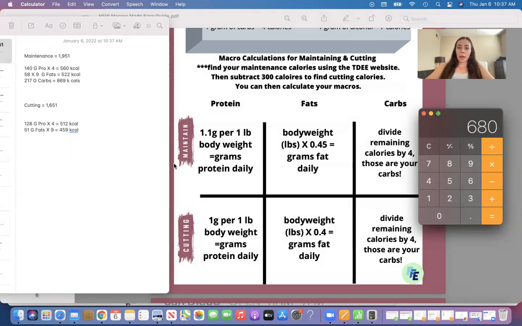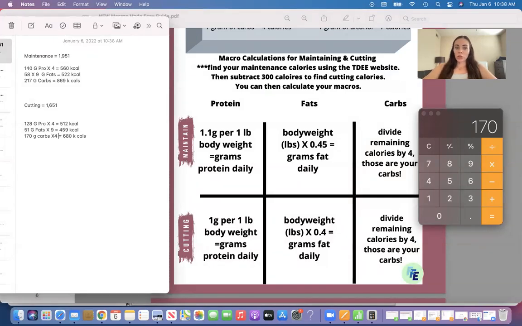And that's going to be our remaining calories that are left over for carbohydrates. So we have 600 kcals coming from carbs. To find the grams, we're just going to divide that by 4, and that's 170 grams of carbs. Okay. Cool, guys. That is how to do it.